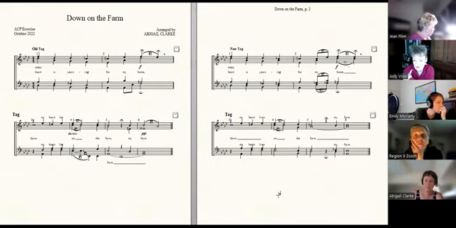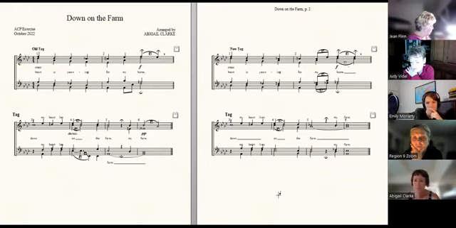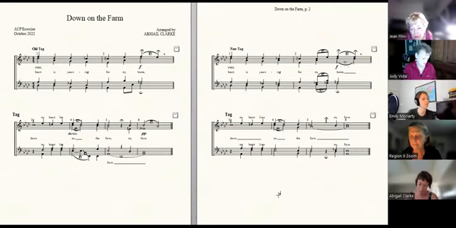Down. Do you like that contrary motion going away from there? Oh yes, I'm still trying to figure out which chords you just played were. So it's an F other than the minor 6. Okay.